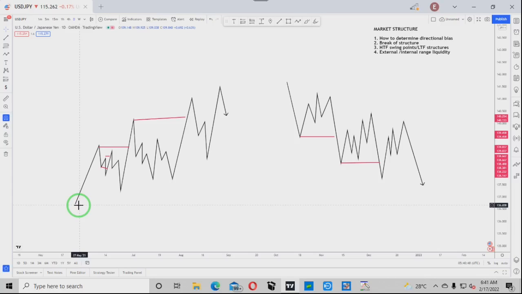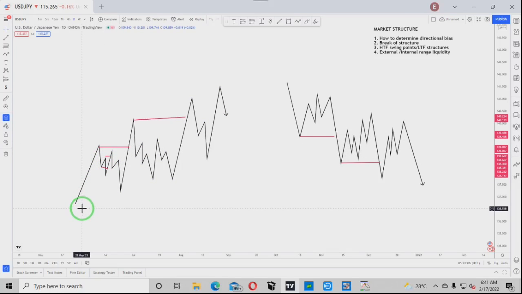All right? So all this that happened here is what is known as noise in the market. It has no bearing on what happens to the swing high and the swing low here.